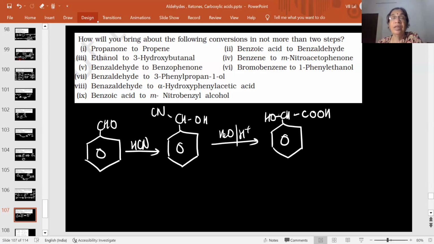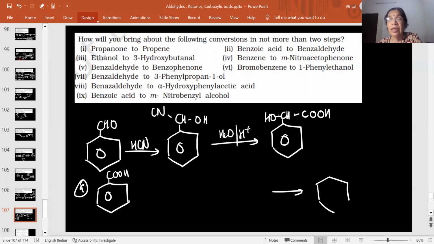Now the last one, the ninth one, benzoic acid COOH. From benzoic acid, what do I need to prepare? Meta-nitro benzyl alcohol, CH2OH, with the nitro group at the meta position. This COOH group is meta-directing.